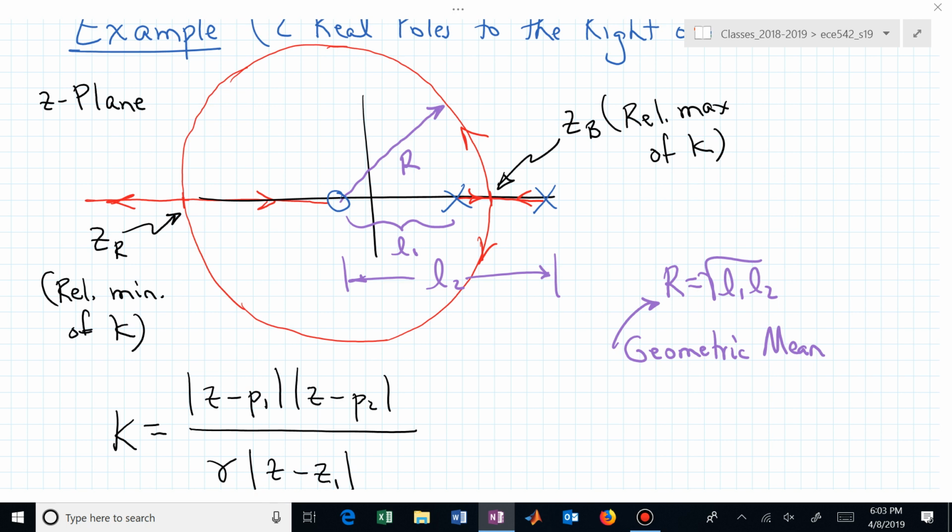Well, before we get to that breakaway point, the gain K is below that on either side of that point where they break away. That's why that's the relative maximum. If we had the gain at 2.7, one pole would be a little to the right of the breakaway and one closed loop pole would be a little to the left of that breakaway. And it's only when we get to 2.76 for K that we're right at the breakaway.